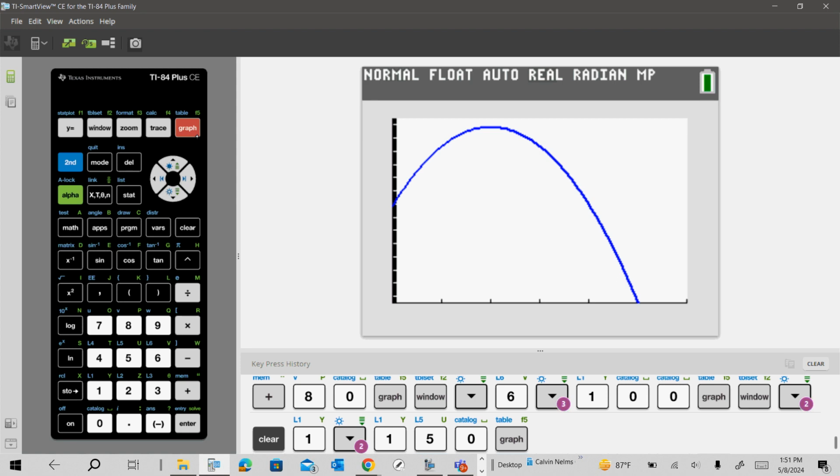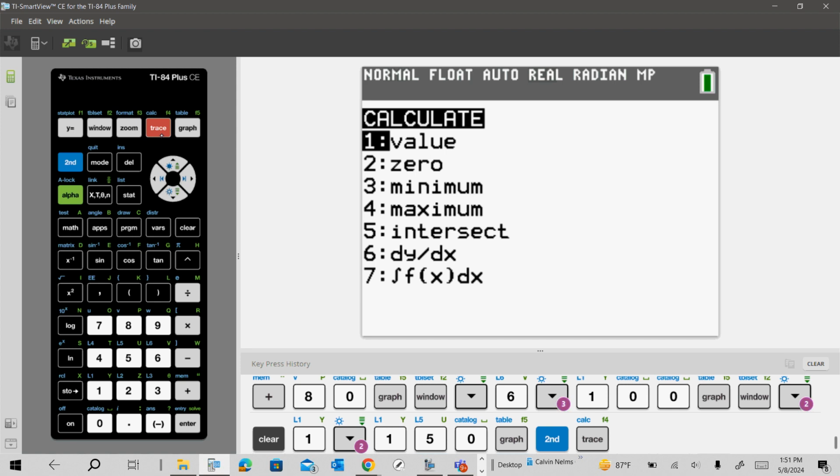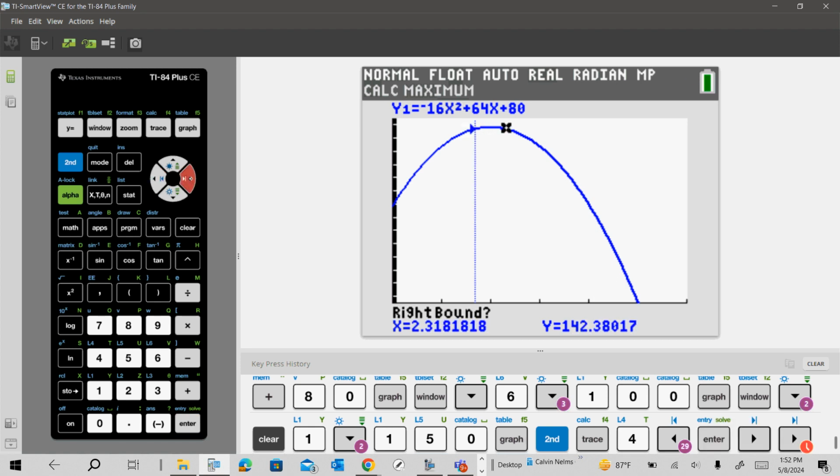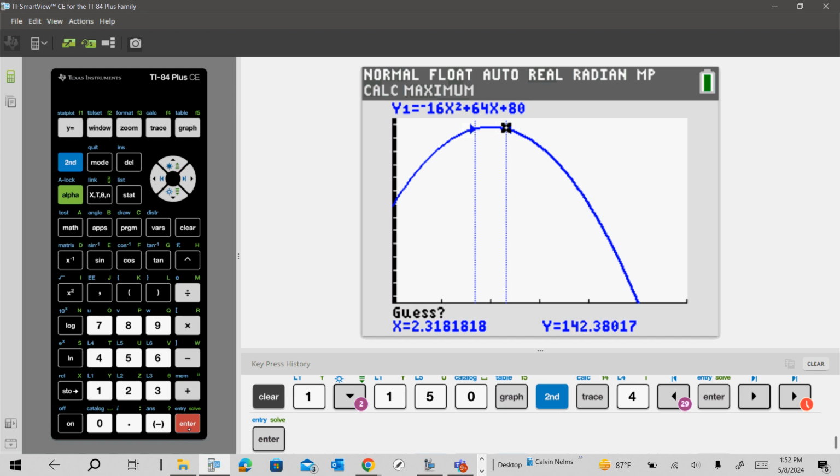So now I can use this window to get to my answer. The maximum height means I'm trying to find the max, so I can do second trace and do 4 for max. It says left bound, but my cursor is on the right, so I have to arrow to the left side of the curve. We just want to be left of the vertex, where I think the vertex is. So that's about right there. Enter. Right bound, right of the vertex, enter, and then enter again. So this comes out to be 2 seconds, all right?